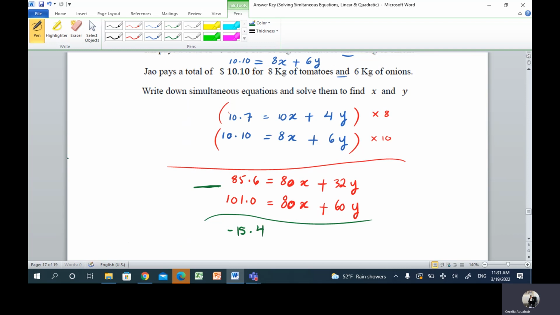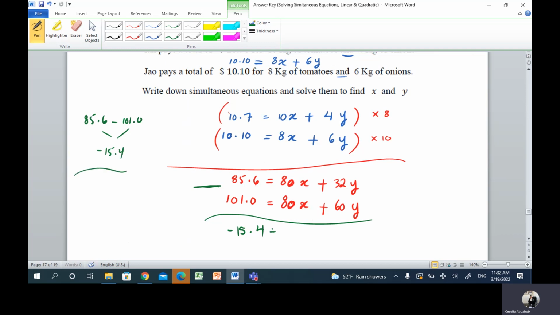I'm going to write it on the side here: 85.6, from the top to the bottom, minus 101.0, the answer will be negative 15.4.